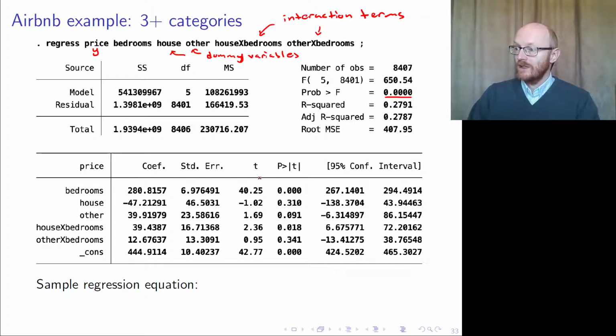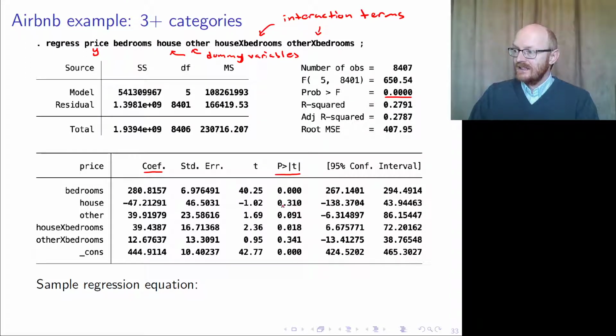So then we can go down here and look at the t-stats of the coefficients. Okay, so we have a coefficient for bedrooms, and this is the extra price per day given 1 bedroom extra, right?